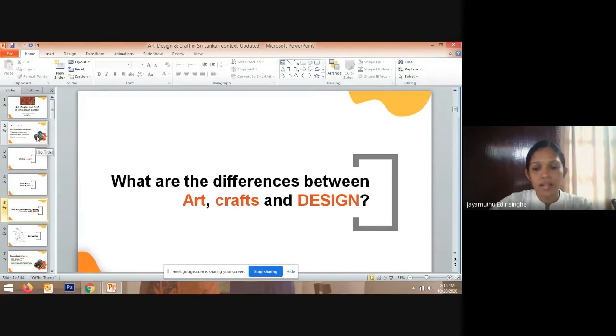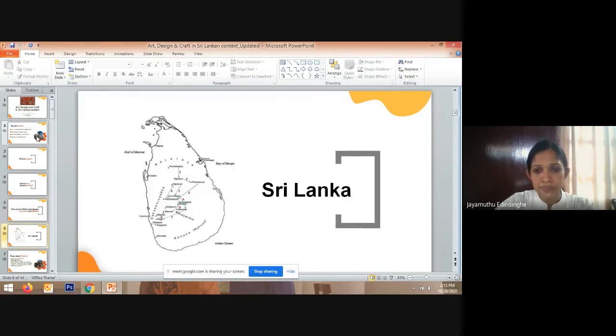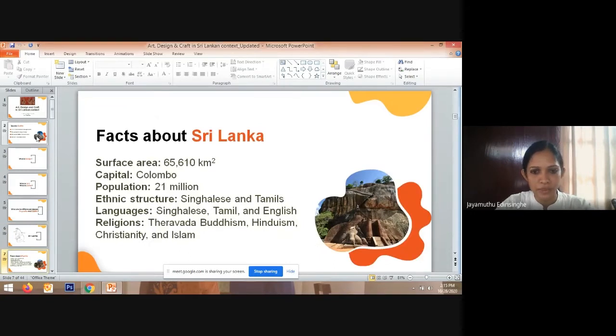I'll move on to the next slide. You all know that Sri Lanka is an island just next to your neighboring country, actually. I'll give some facts about Sri Lanka to start with the presentation. Mainly we have Sinhalese here, and Tamils are also there, and we have Theravada Buddhism, whose origin is in India itself, and Hinduism, Christianity and Islam are the religions we have here.